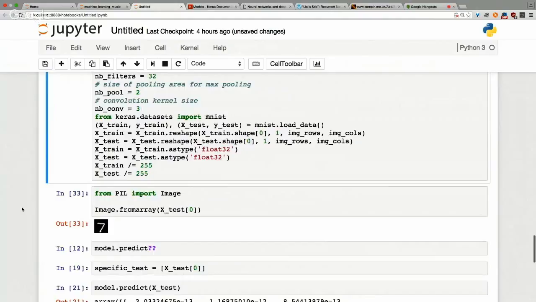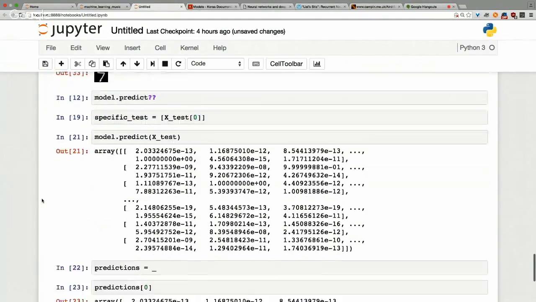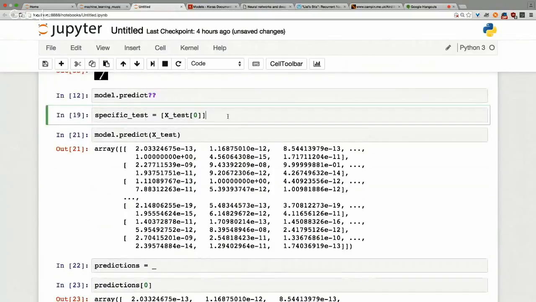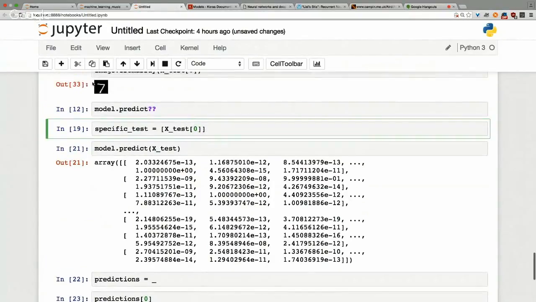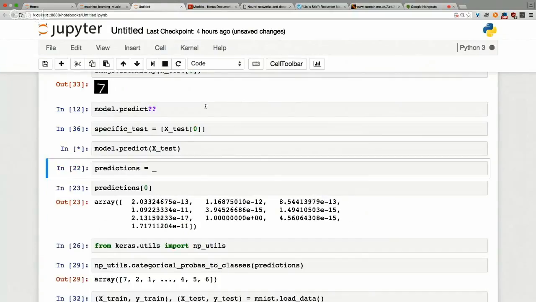We go back down here. This won't work again because now xtest has been convoluted about. But if we make a specific test, say we're just interested in the first thing, which we know is the 7. There we go. If we predict, well, we'll just predict on the whole thing, and then we'll get good stuff back out. No matter. It's going to predict.